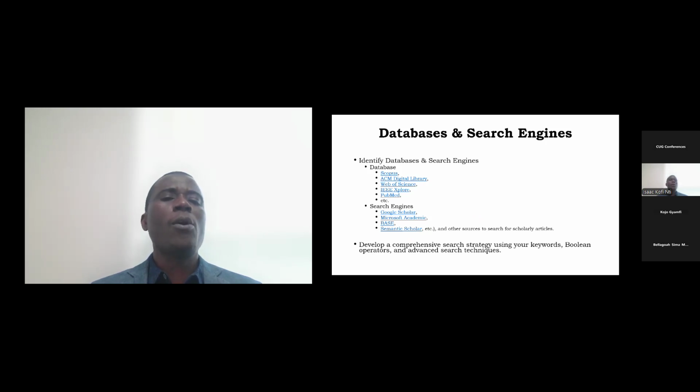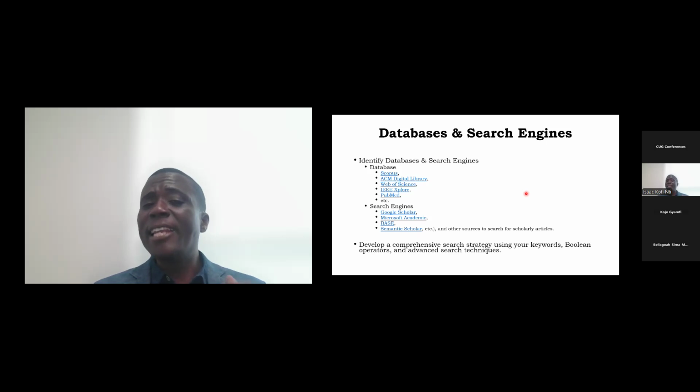So all these databases or search engines you can use, but I normally recommend using Google Scholar. Not that I'm biased, but I think Google Scholar gives you the opportunity to get papers that are indexed in several databases.